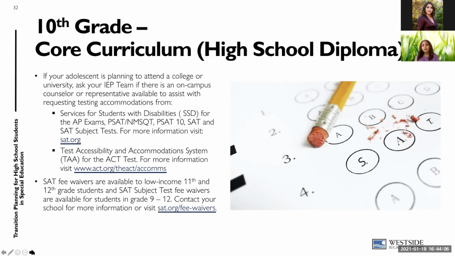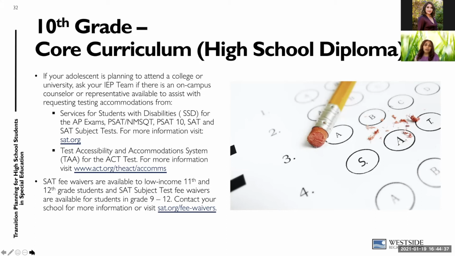Are they looking to go to a 4-year college, or is it a 2-year college? So even making a decision about where they're going to go to college would allow us to either take the exams or not need the exams. If the child is going to a 2-year college, there's a chance that they might not need the SAT and the ACT scores to be able to go to a 2-year college.